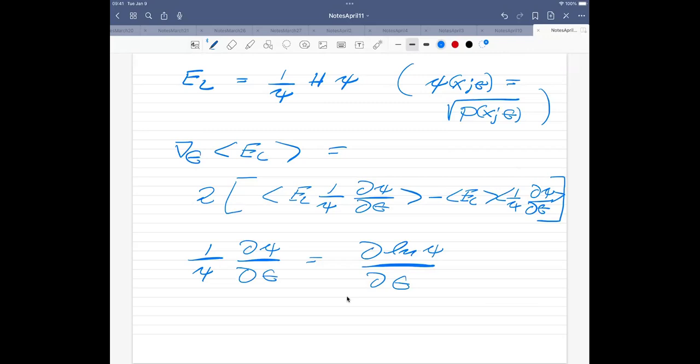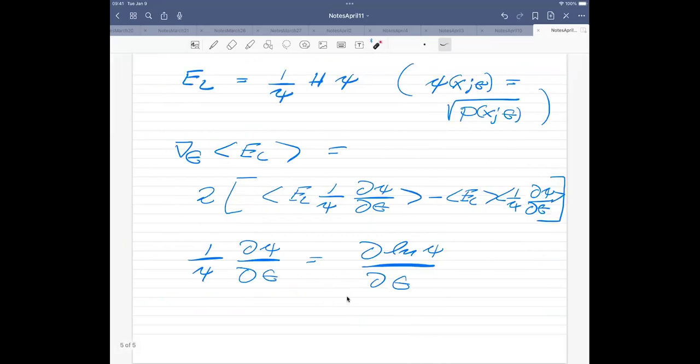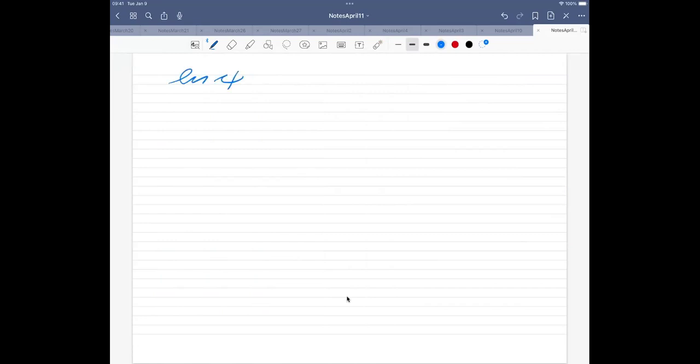The partition function is a constant, so we don't need to think of that one in the optimization here. And the nice thing with the log is simply that we have an expression which is given by this quantity here. So when we take the log of that one, we simply have to take the derivative of this one. So if we look at the log of the trial wave function, the ln of psi is going to have a term which goes like ln of Z. This is a constant, so we can often discard it.